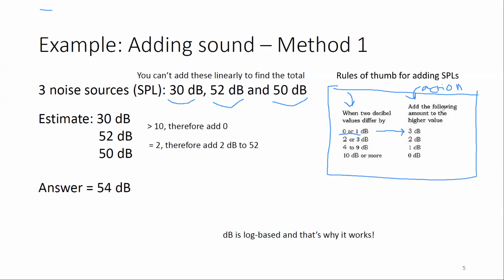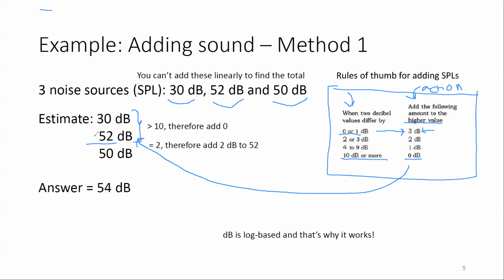Add the following amount to the higher value, and the higher value for us, in this case, when we're comparing 30 to 52, is 52. So the difference is not 0 to 1, it's not 2 or 3, it's not 4 or 9, it's 10 decibels or more. The difference is about 22. The action you need to take is adding 0 decibels to the higher amount, which is this 52.